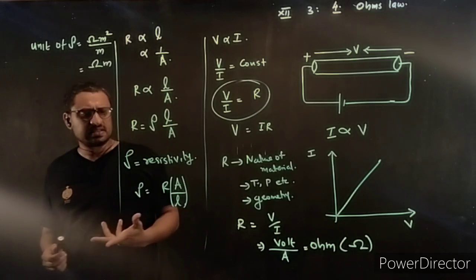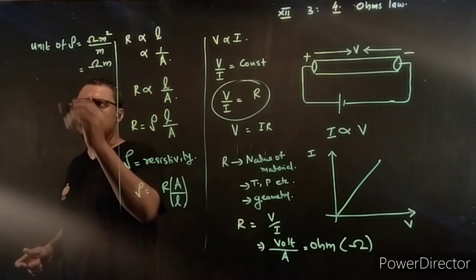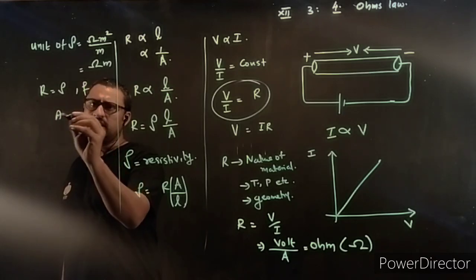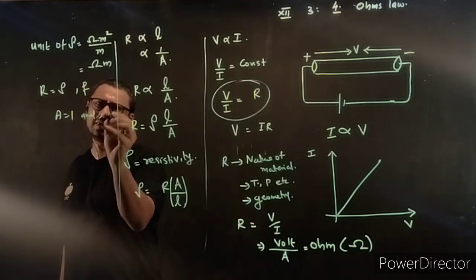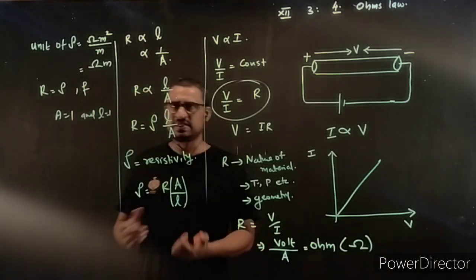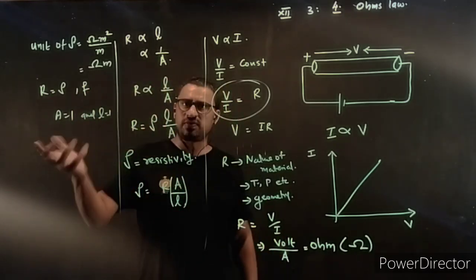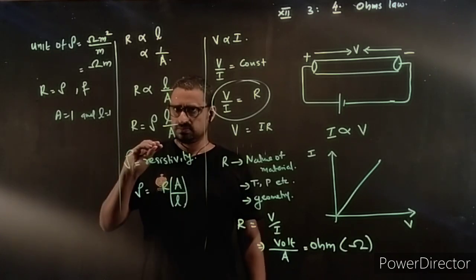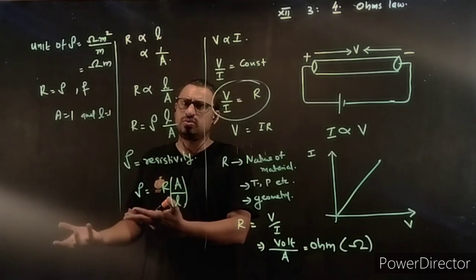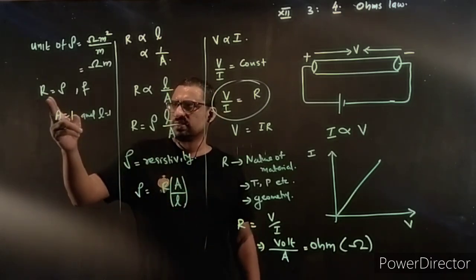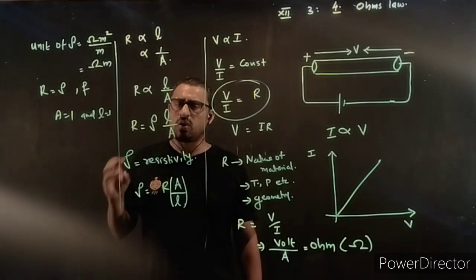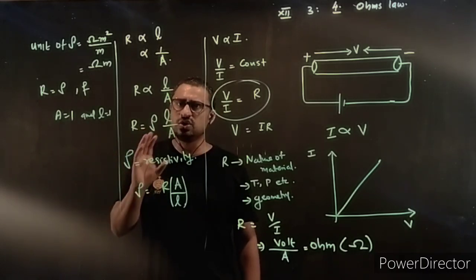Now, how can you define resistivity? When R equal to rho, if A equal to 1 and L equal to 1. It's a simple trick of defining something. That is, resistivity is numerically equal to the resistance of a wire. I'm repeating this just from the board examination point of view. So resistivity is numerically equal to the resistance of a wire of uniform cross section and unit length.